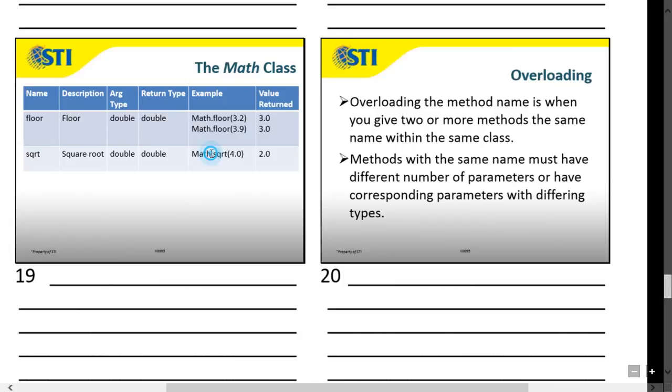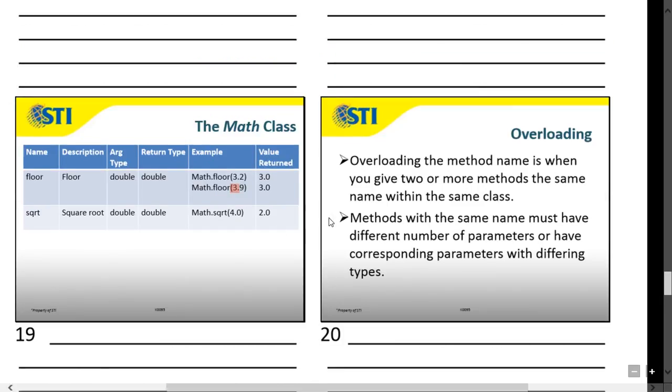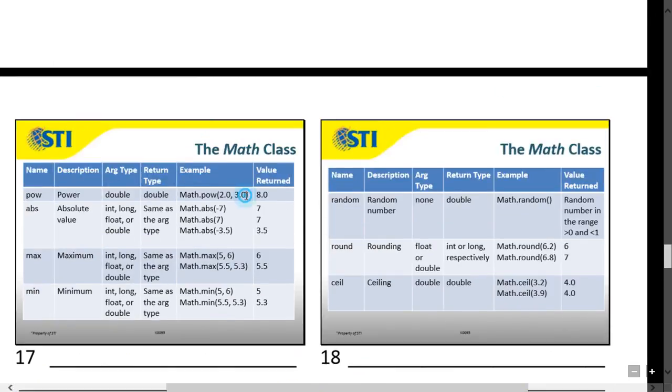Square root, of course, will give us the square root of the number being inputted. Okay, don't be overwhelmed by it. You can actually substitute this with the variables that you need to evaluate or execute.